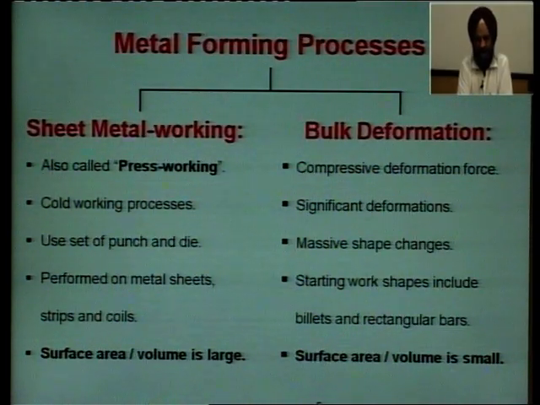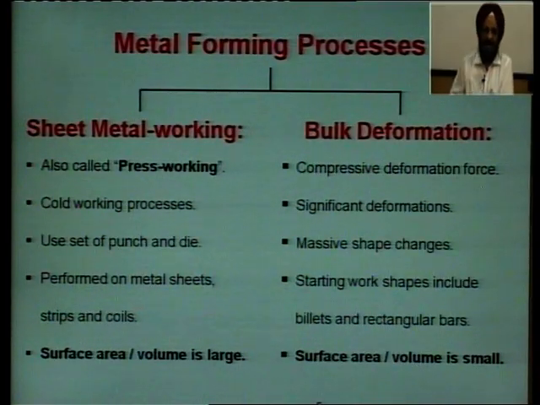The starting raw material includes billets and rectangular bars. Just see the difference. In sheet metal working, you start with the sheets, strips and coils, whereas in other processes like forging, you start with billets and rectangular bars. Surface area to volume ratio is small.